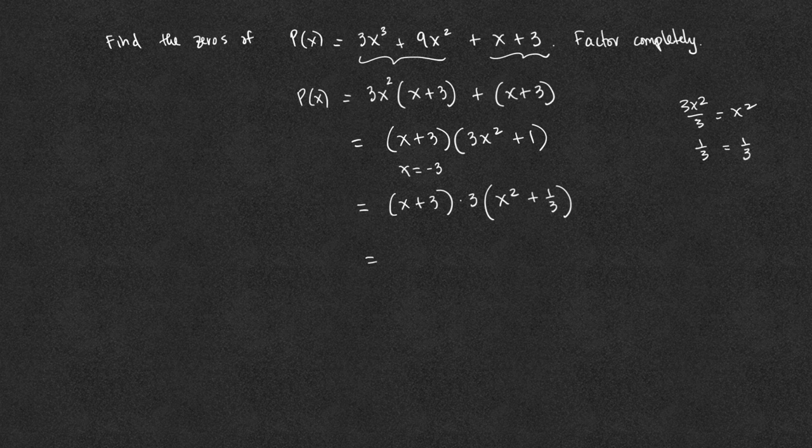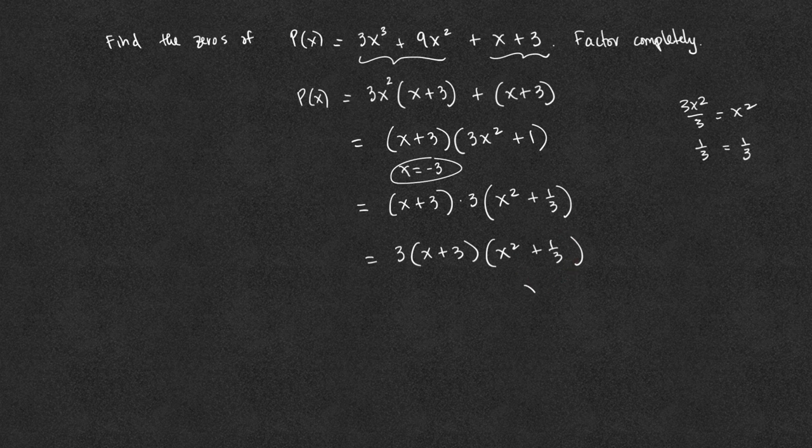And so this is 3 times x plus 3 times x squared plus 1/3. There is only one real zero here. We still need to find two other zeros. In this case, the other two zeros will be complex.